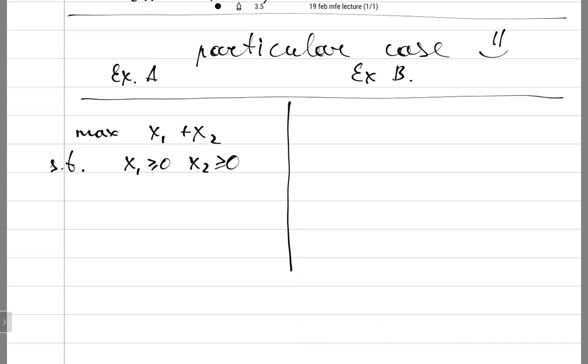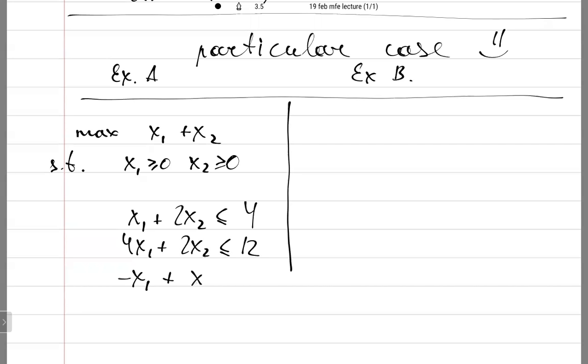Linear programming is not about computers, but about optimization with a linear function and linear constraints. My constraints will be: x1 plus 2x2 is not greater than 4; 4x1 plus 2x2 is not greater than 12; minus x1 plus x2 is not greater than 1.